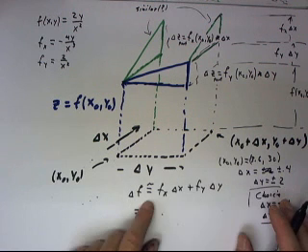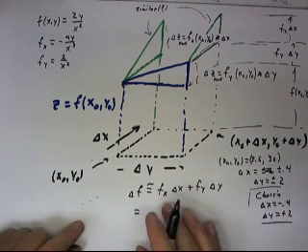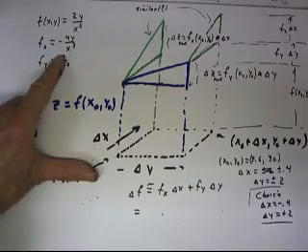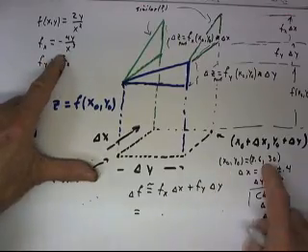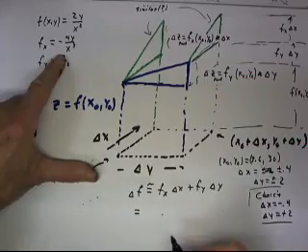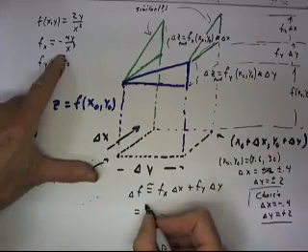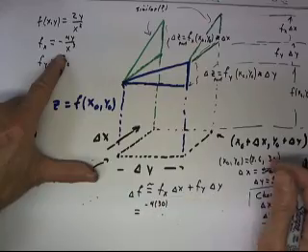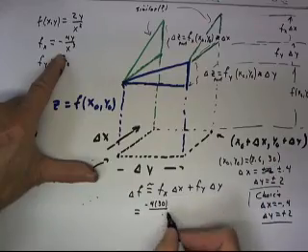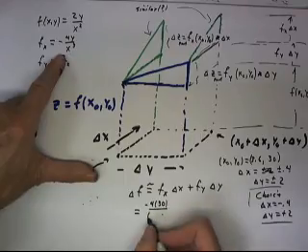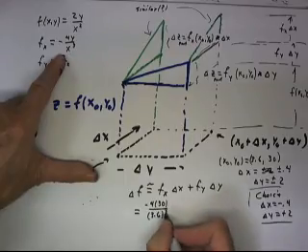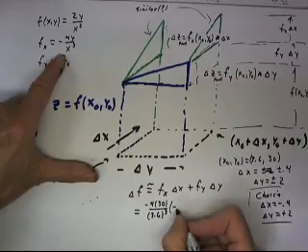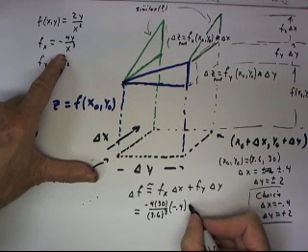And now I should be able to evaluate these partial derivatives. Fx is just negative 4y over x cubed. Evaluating that at x naught, y naught, and being careful not to confuse my x's and y's, I have minus 4 times 30, y naught is 30, divided by x naught cubed, which is 3.6 cubed, and that's times my delta x, which is negative 0.4.